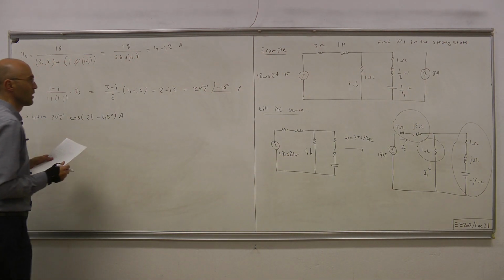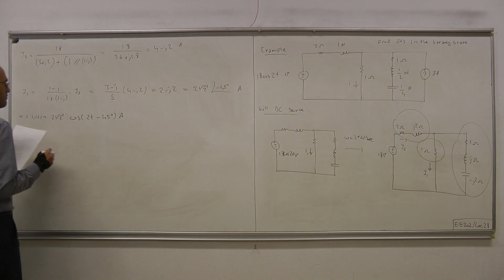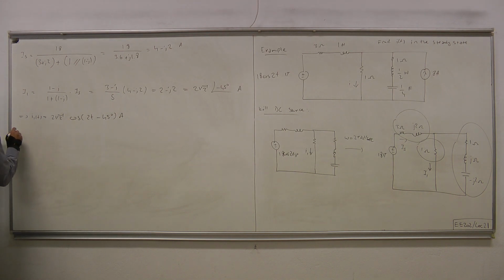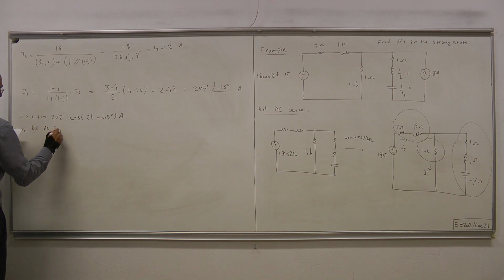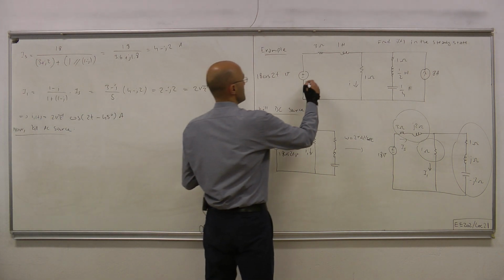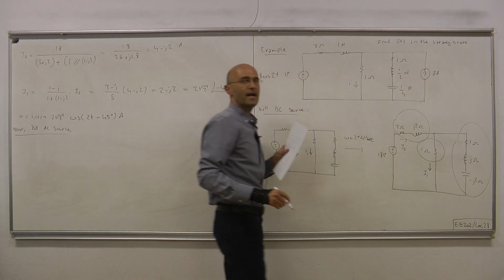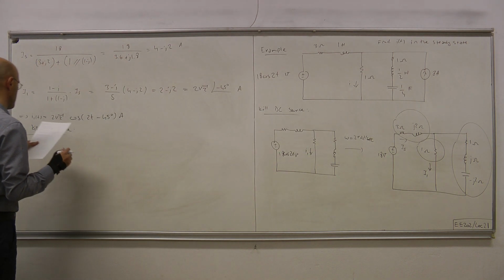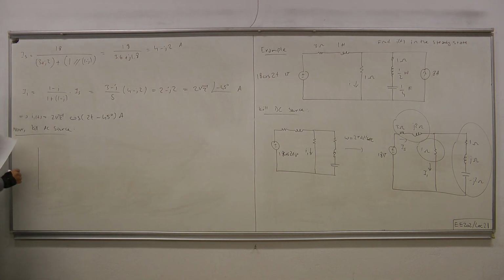Now let's kill the AC source. Now this source is killed, and this is the only active source. In that case, what we have is the following circuit.